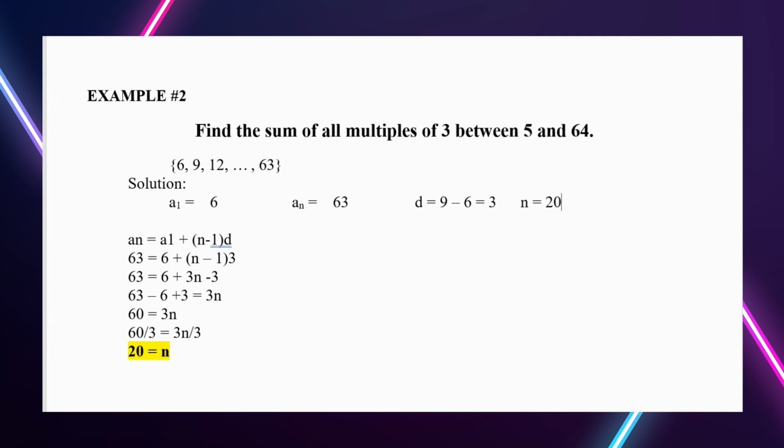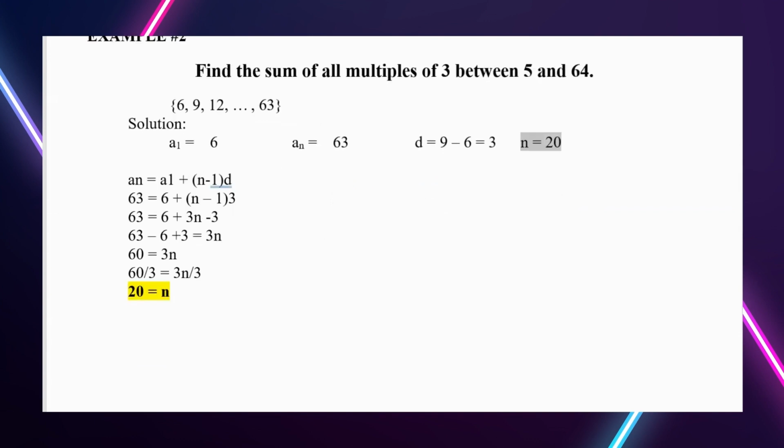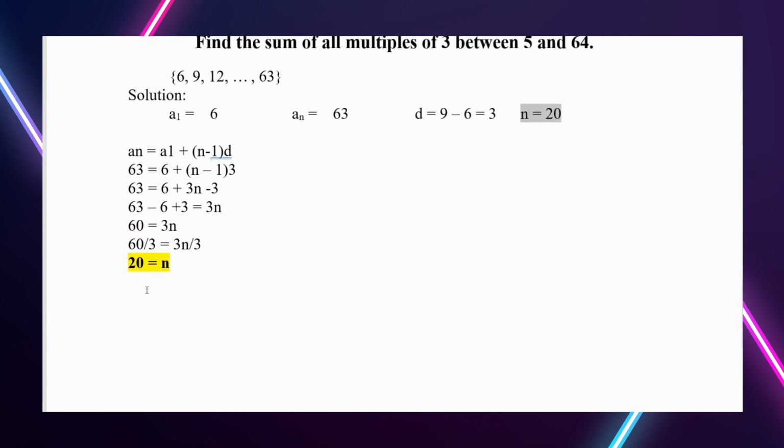Okay? So since meron na tayong last term, which is 63, at meron tayong first term na 6, at meron tayong n na 20, therefore, ang gagamitin na nating formula ay ang first formula in finding the sum of the arithmetic sequence, which is s sub n is equal to n over 2 times a sub 1 plus the last term.